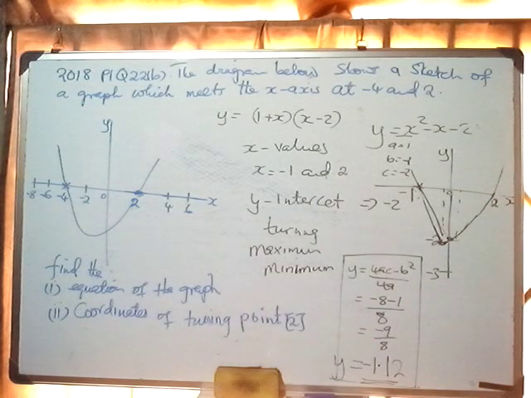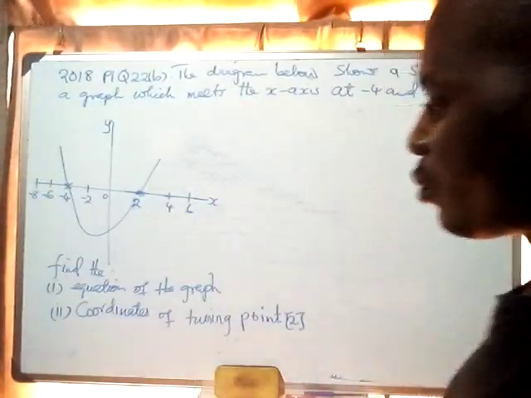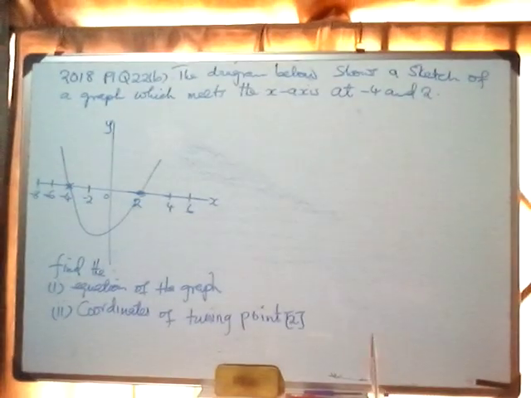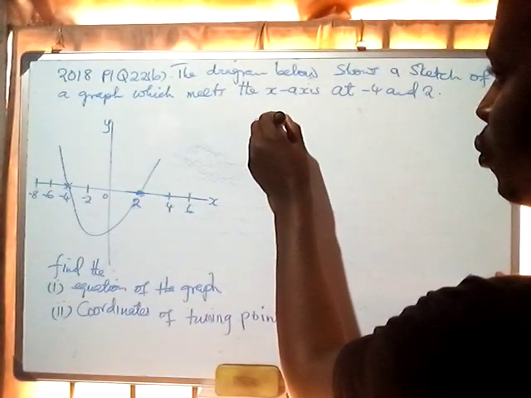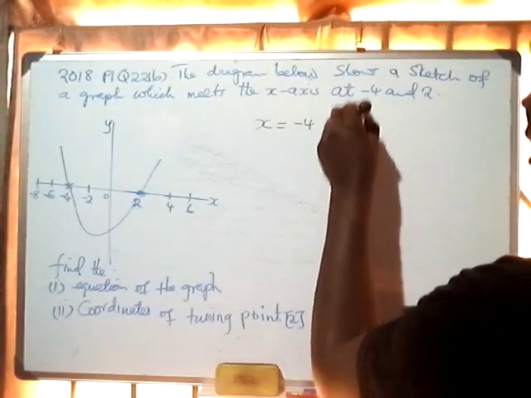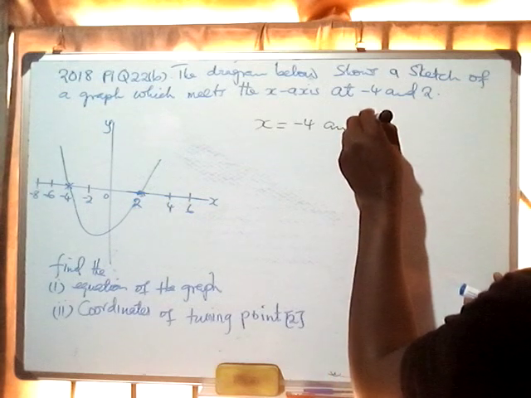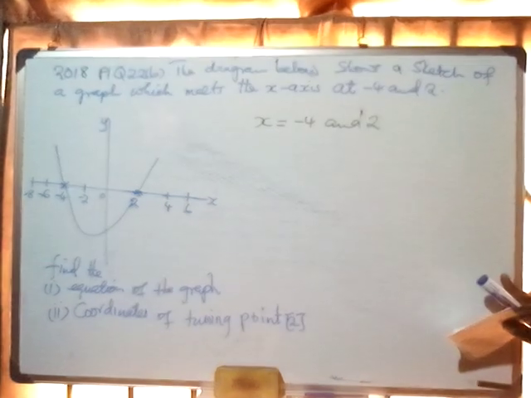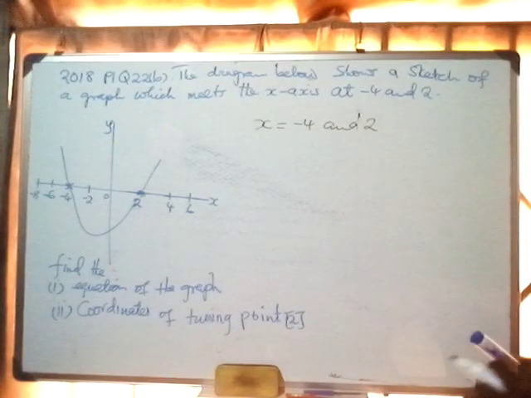Let us now go to our last example. The question is, find the equation of the graph. If this graph here is crossing at x is equal to -4 and 2, this means that we have now to come up with the equation of that curve.